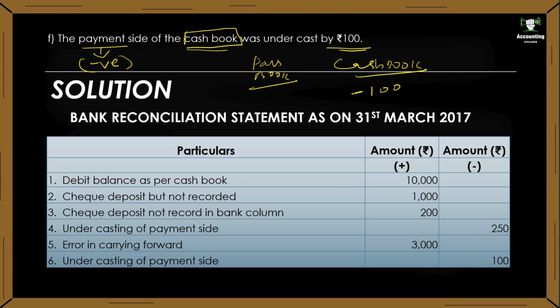So if you reduce this rupees 100 from the cash book only, you will get the passbook correctly, because in the passbook they would have correctly reduced this 100. To get the passbook balance, we have to reduce this 100. See in the solution, undercasting of the payment side, sixth point, rupees 100 on the minus column of the BRS.